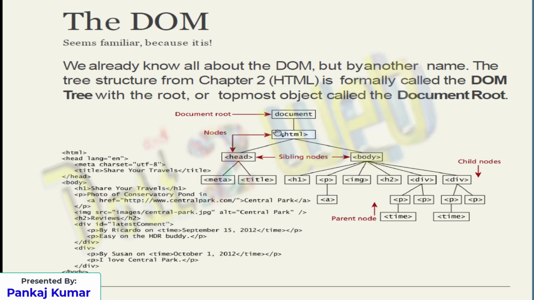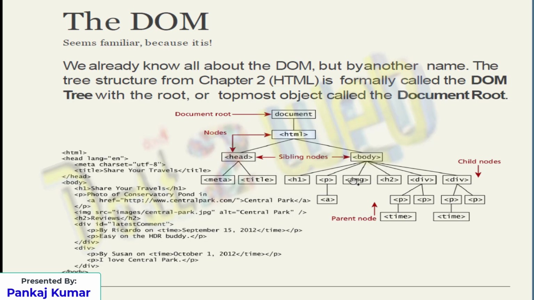Why? If you see, at the top is the document. From that document, all your nodes are connected, either sibling nodes or child nodes, and for another child node there is the parent node. So this root, the architecture from the HTML, is also considered a document tree.